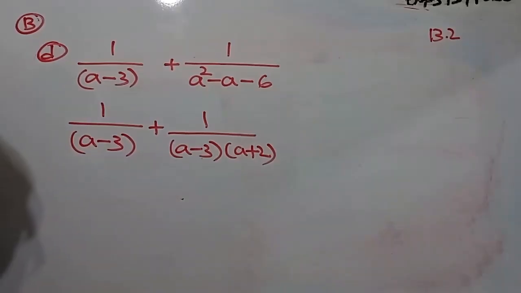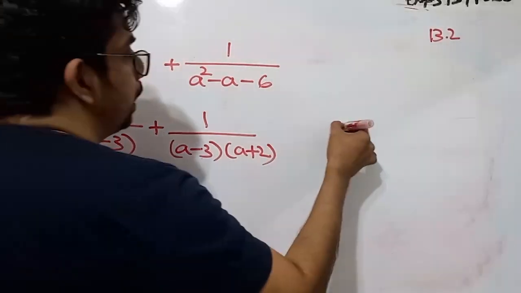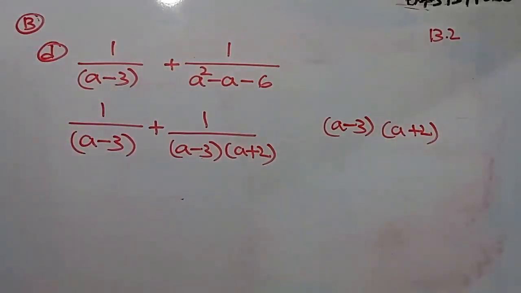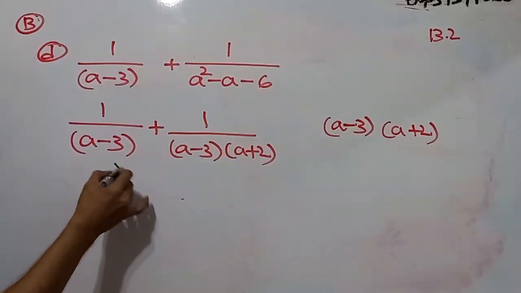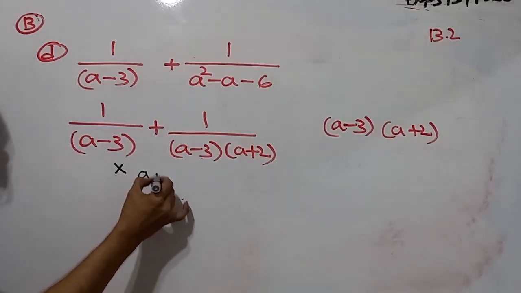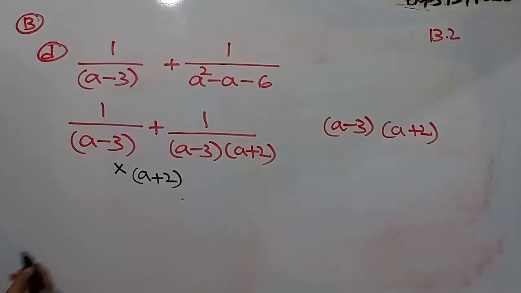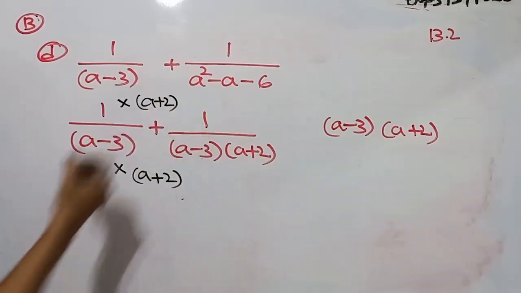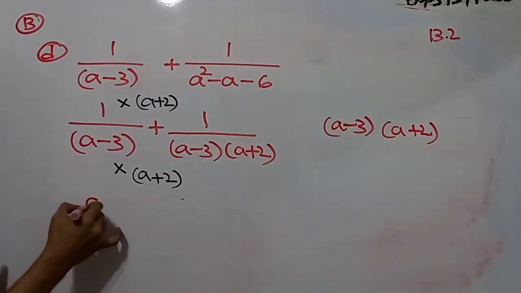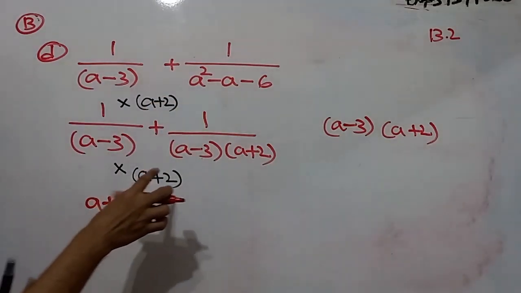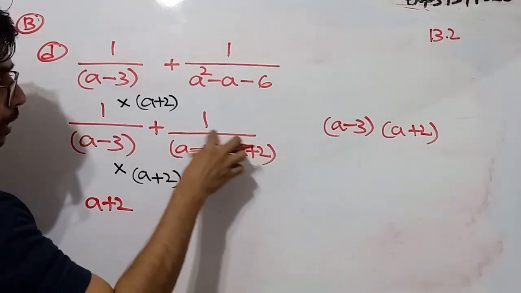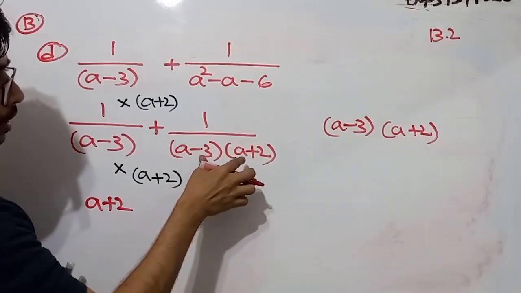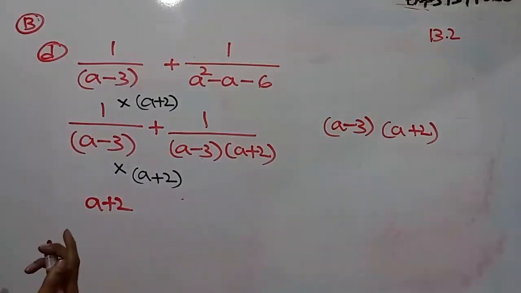Okay. So here what should be the LCM? It should be a minus 3 and a plus 2. Here we have a minus 3. That means we need to multiply this by a plus 2, so we need to multiply the number above as well. So a plus 2. Then if you take a look at the denominator of the next fraction, we have the LCM there, so we don't have to do any changes.